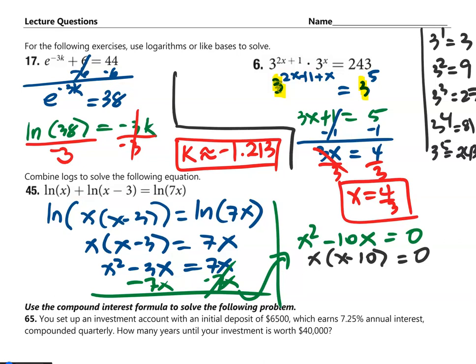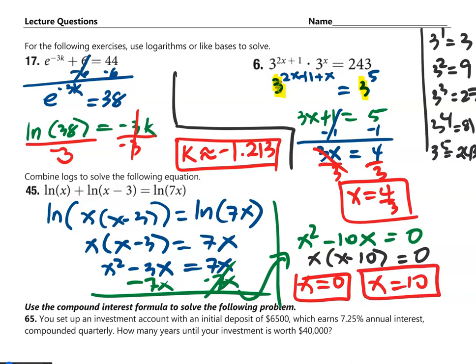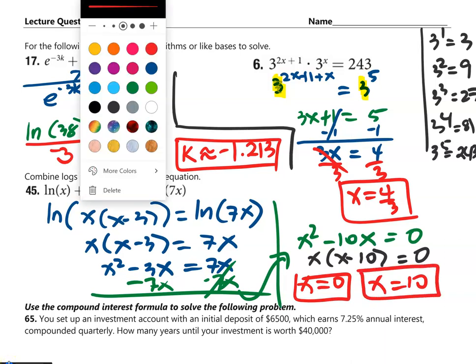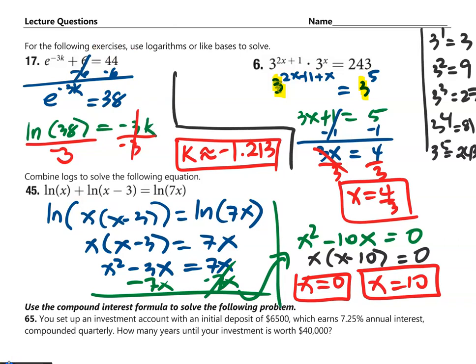So we have two factors here, so meaning set each to 0. So x is equal to 0 and x is equal to 10. But ln of 0 is undefined, so we cannot use that. So only when x is equal to 10.